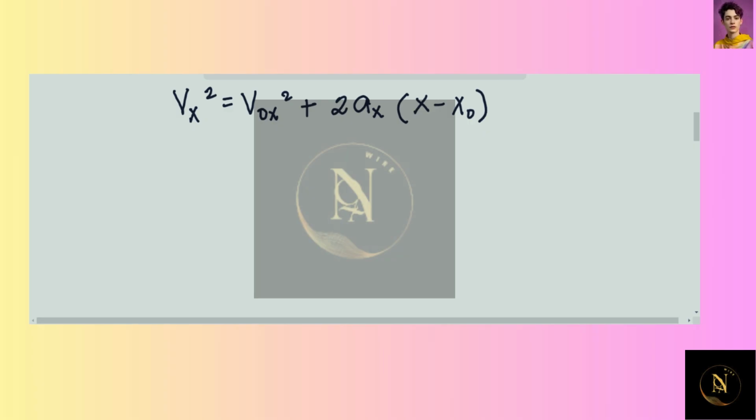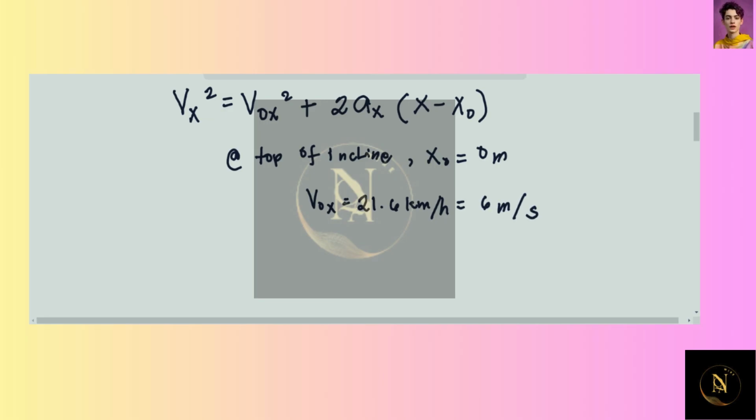Assuming at the top of the incline, x sub naught is equal to 0. And let us first convert the given initial velocity, that is 21.6 km per hour, to meter per second. This is 6 meter per second. Now, we have all the data that we need. So let's solve the equation.